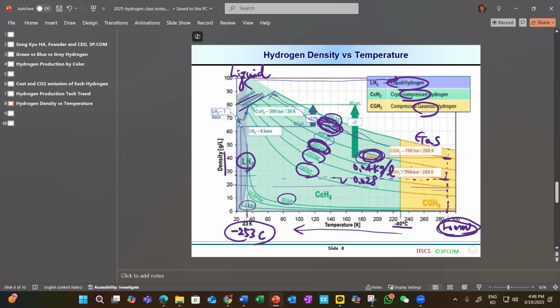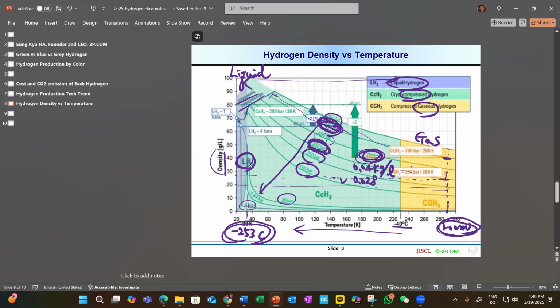So at the liquid state, you don't need to have a high pressure. The pressure can be very low. You can say this is very safe. We don't need a big pressure tank. We just need a tank. But this tank has to be very cold, minus 253, to store the hydrogen as a liquid.